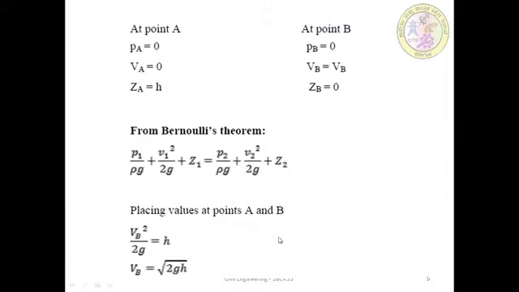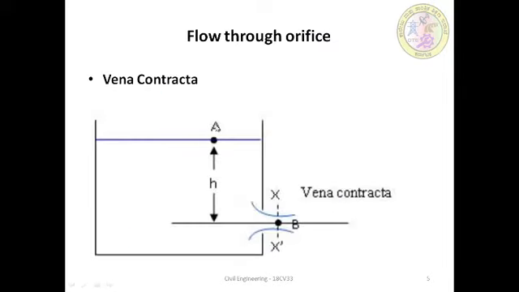Now let us see what things we can notice here at point A. A is at the top surface of the water level, and B is at the vena contracta level, exactly at the center level of the orifice.